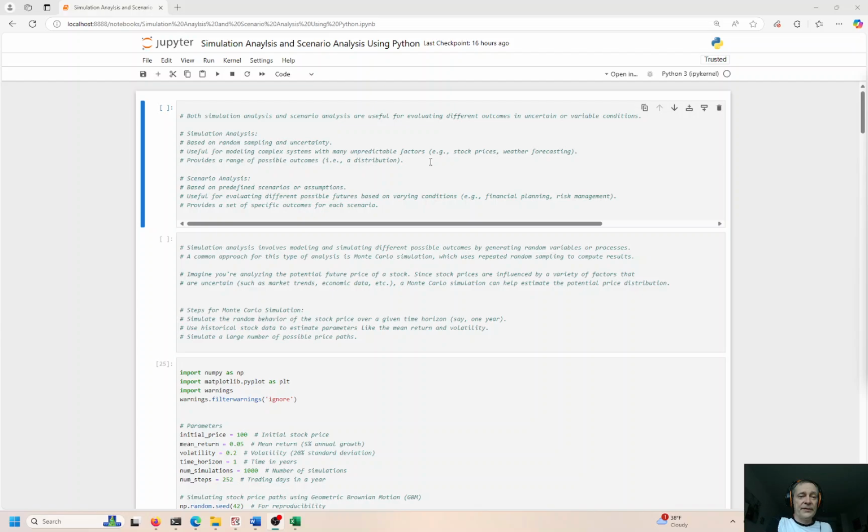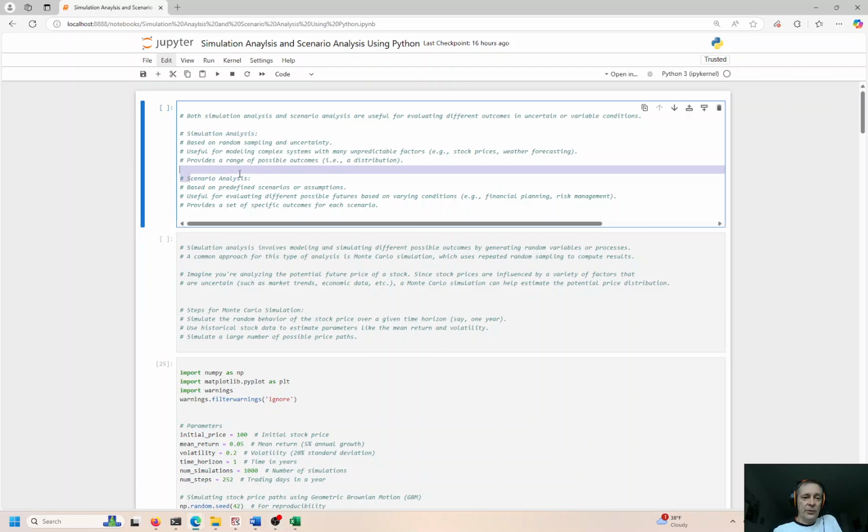But scenario analysis provides a little bit more discrete types of outcomes, where simulation analysis is more continuous, or based more on float numbers, right? Decimal places. Scenario analysis is more based on integer types of outcomes, right? So discrete versus continuous. So simulation would be more continuous and scenario would be more discrete.